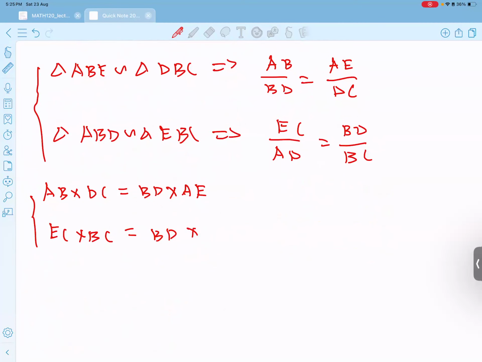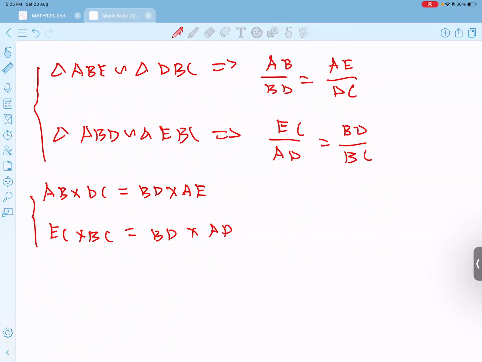Wait, hold on. ABD is similar to EBC, right? So AD over EC is equal to, oh, hold on. Yeah, that is not right. So AD times BC. This is not right.